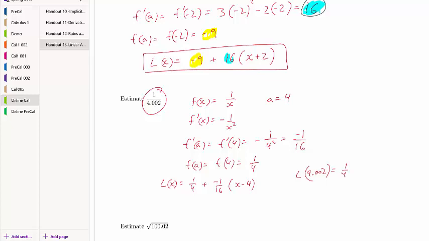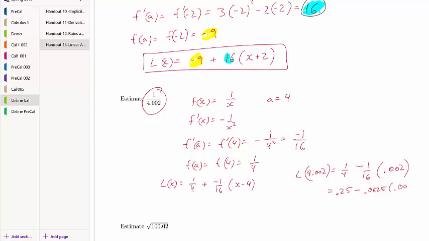And so we get 1/4 minus 1 over 16 times 0.002. Alright, so it might be easier for us to convert everything into decimals at this point. So 1/4, that's 0.25. 1/16, that's 0.0625.